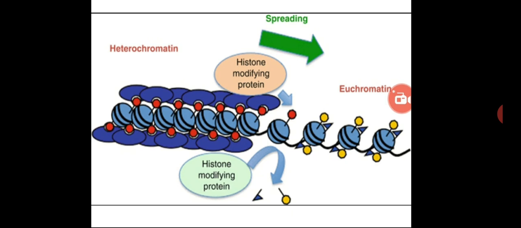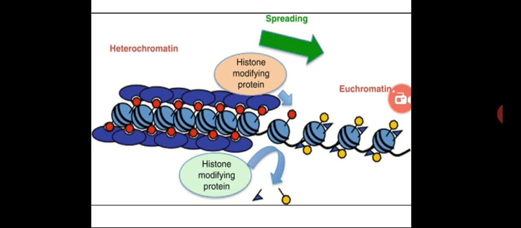Just look at this particular slide. In the heterochromatin, the H1 proteins are very near to each other, compactly and tightly arranged. In the euchromatin region, the H1 proteins are apart from each other, loosely arranged, right?